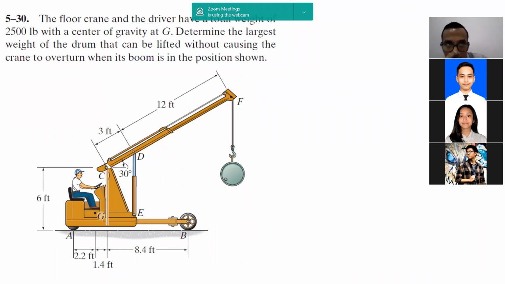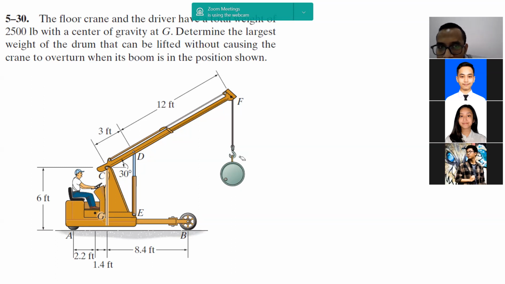But remember, the one that is asked is the maximum weight that can be lifted without causing the floor crane to roll over, to overturn. Try to imagine first, Audrey, and the rest of you as well. In the overturn condition, if the weight here is too heavy, what do you think will happen?